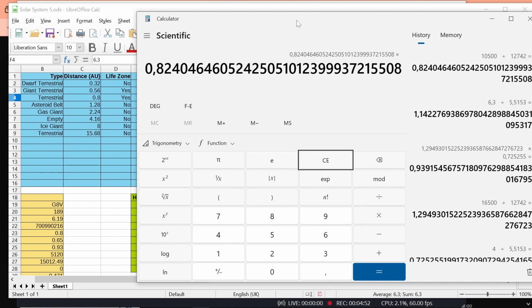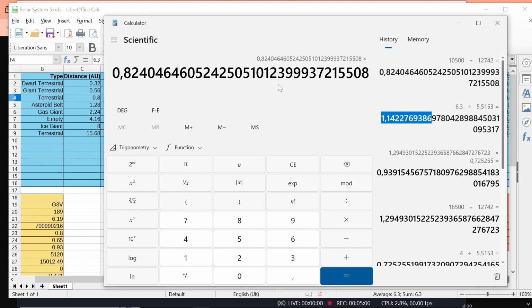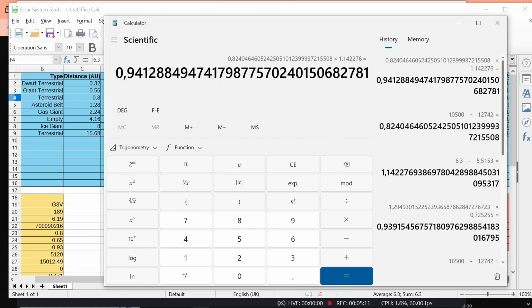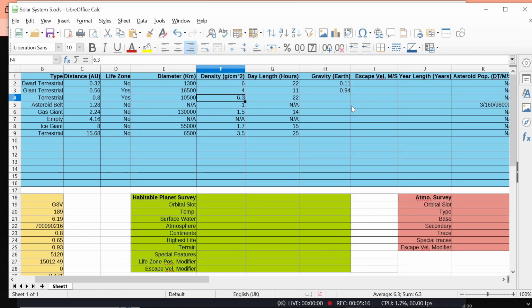Now we're going to multiply that by this calculation over here, which is 1.142276, to get a gravity of 0.941. Also 0.94. Wow, they have the exact same gravity essentially. This one is larger but less dense. This one is smaller but more dense.